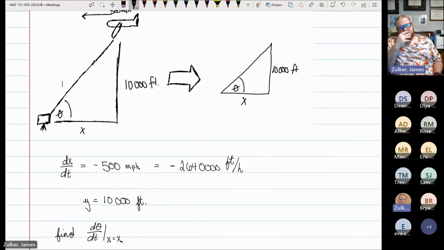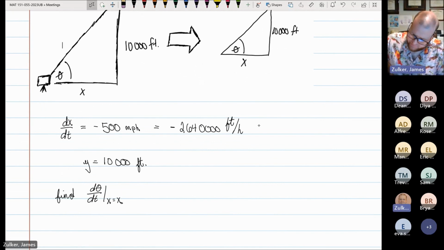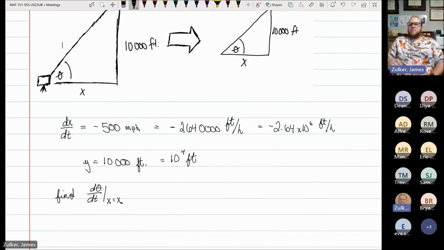We could use scientific notation. Doesn't really matter, just however you want to do it.